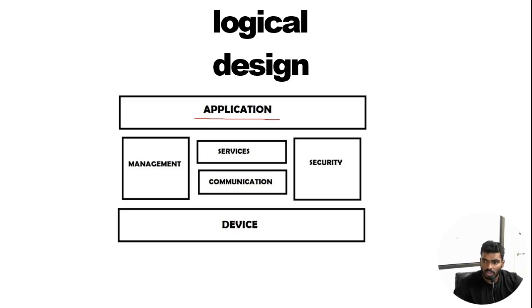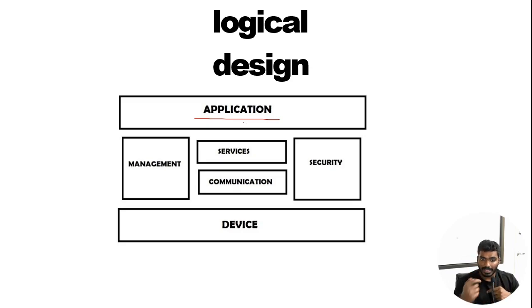This is the logical design of IoT devices. Let me break down each component in a way that is easy to understand. The first one is the application layer. Its purpose is to handle all the user-facing aspects of an IoT system. It's where users interact with IoT devices or applications, such as through a smartphone or web interface.